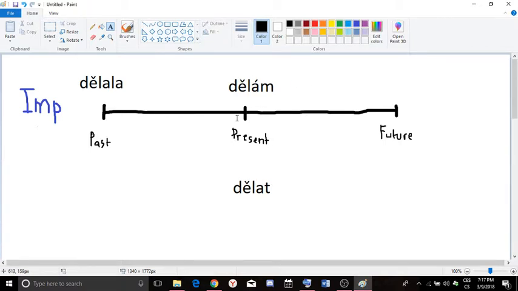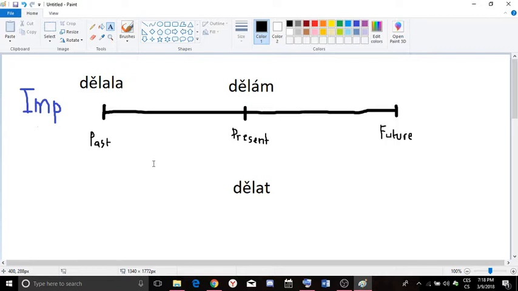It's like you take dělám, the ongoing, and you just put it in the past. So it means that at some point I started doing it, and at some point I was in the process of doing it. But the ending is undetermined. So it could be that I had actually finished it, but you would have to specify that in the sentence, otherwise it would be implied that you haven't finished.